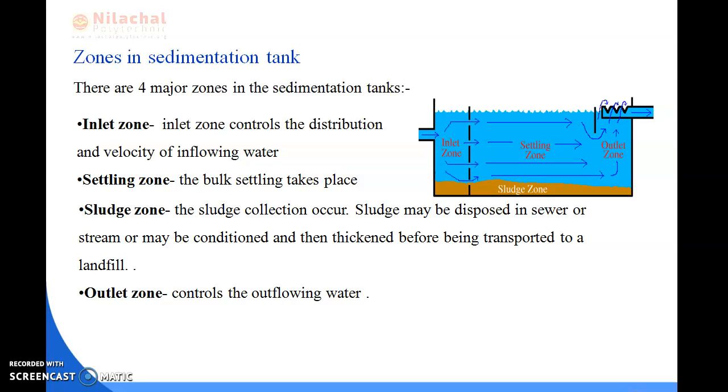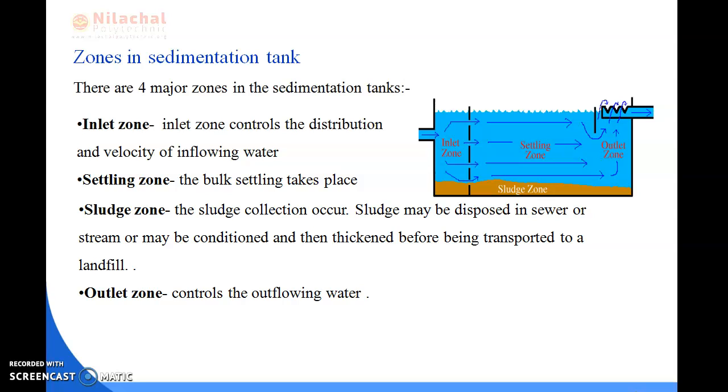Next is the settling zone. When a particle enters the settling zone in a continuous flow in the settling tank, it is acted upon by two forces: the horizontal flow of water gives horizontal movement, and gravity gives vertical movement.